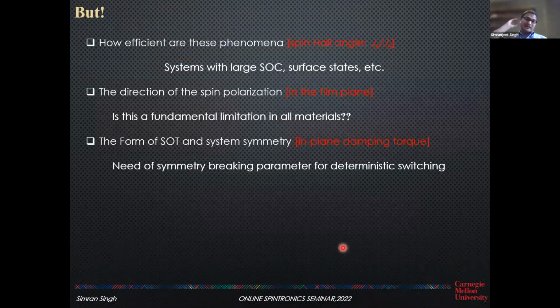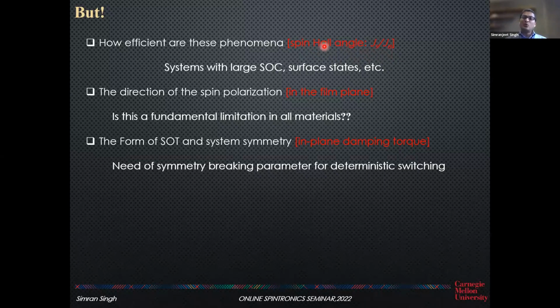But still, there are outstanding questions in this field. Particularly, the main thing is really two things. How efficient is this charge to spin conversion? Normally we like to quantify this efficiency in terms of a parameter known as the spin Hall angle, which is nothing but the ratio of spin current to applied charge current.